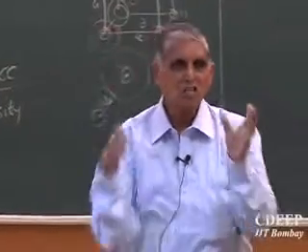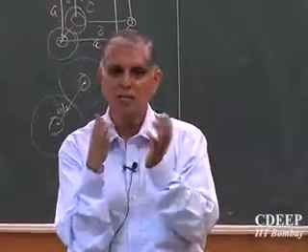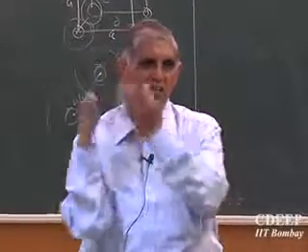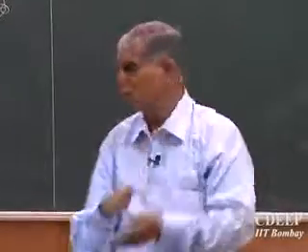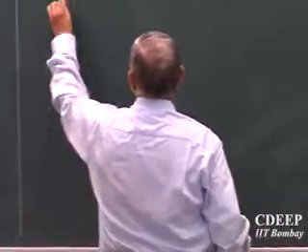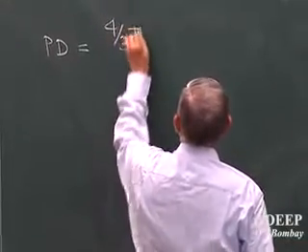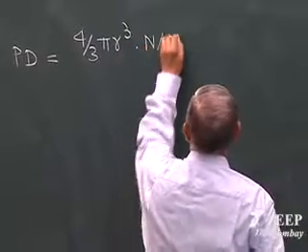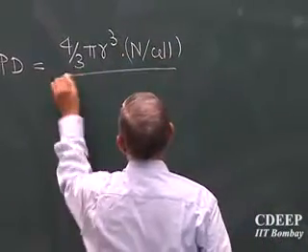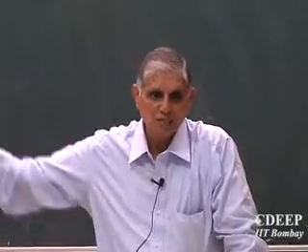This is the total volume occupied by spheres, and the net volume of the cell is A cube. So I define a term packing density as 4/3 pi r cube, times the number of atoms per cell, divided by A cube. R is A by 2 in this case.